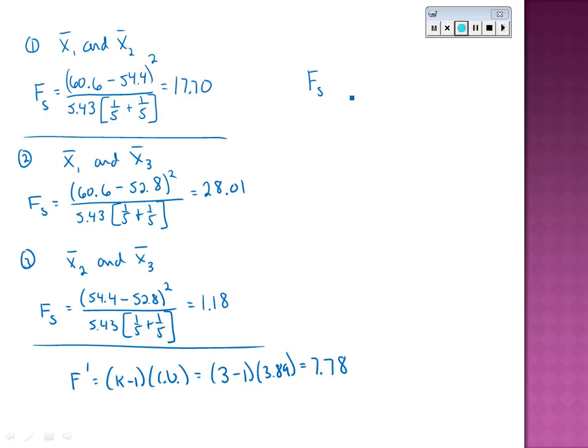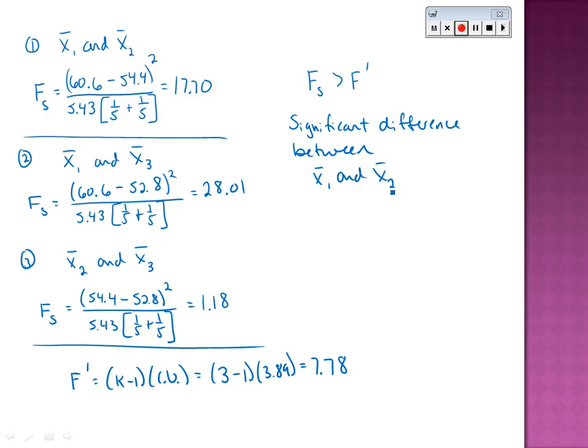So here's what we have to check. If F sub s is greater than our critical value for any of our comparisons, then that means there is a significant difference between those two means. As we compare, our F prime was 7.78, which means there would be a significant difference between x bar 1 and x bar 2.